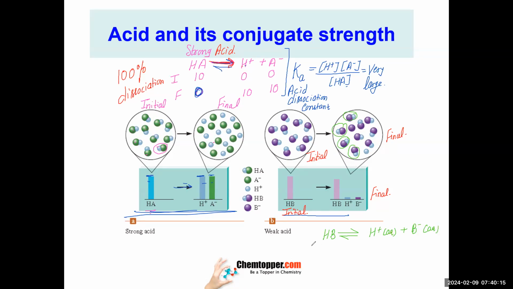Can you tell me initially here in this picture how many HB? I think it should be 10 only. 1, 2, 3, 4, 5, 6, 7, 8, 9, 10. Yes. So this is the reaction. Initially, they are 10. How many H plus in the initial picture? 0. Now, final picture.